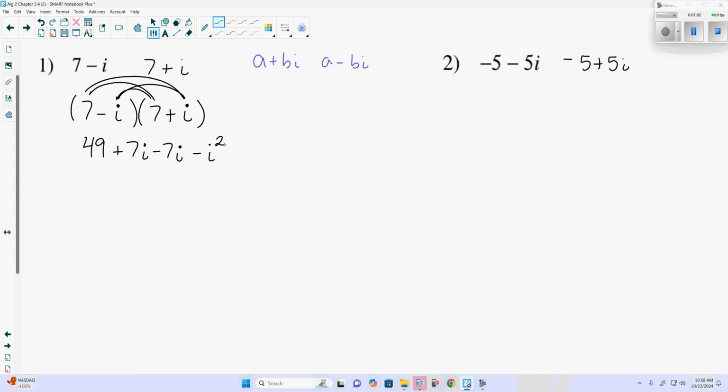So I think we're good with that so far, because this is some of what we did yesterday. We're just multiplying it out. Now, if we combine like terms, 7i minus 7i is 0. They're gone. And i squared is negative 1.